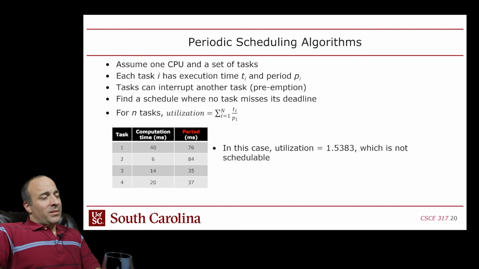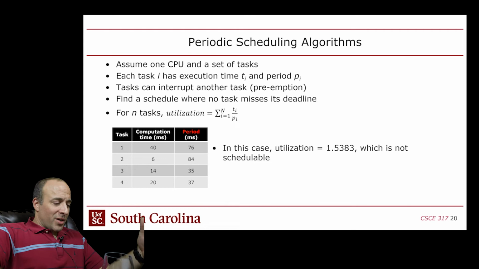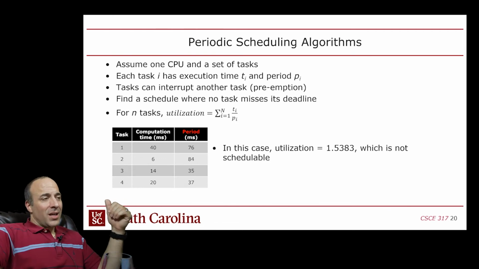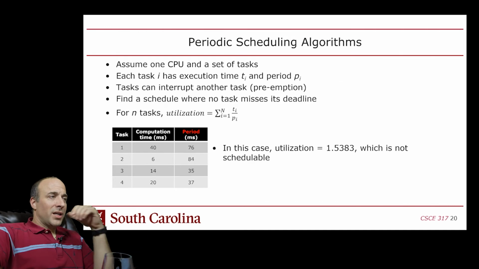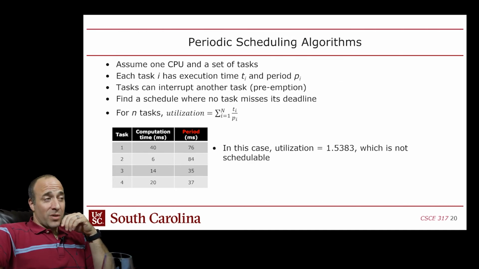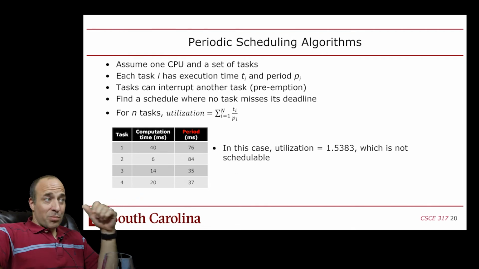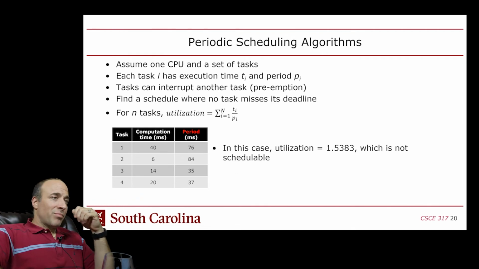Which means that if a task is running and another task's period elapses, or begins a new period, I should say, if that task beginning a new period has a higher priority than the task that's currently running, then that task will run instead. And the task that was running, even though it may not have completed, is put to sleep temporarily.